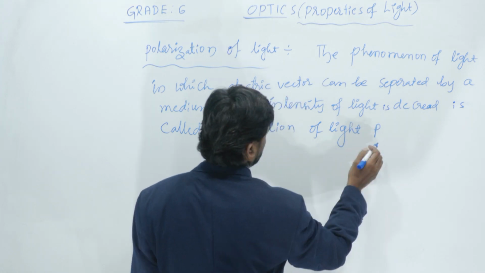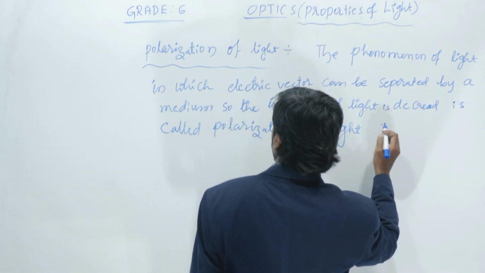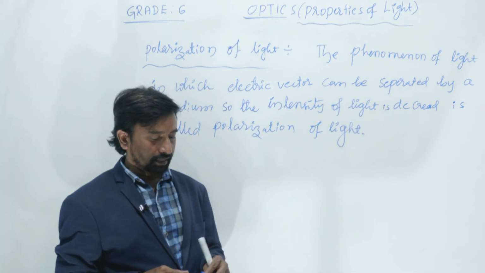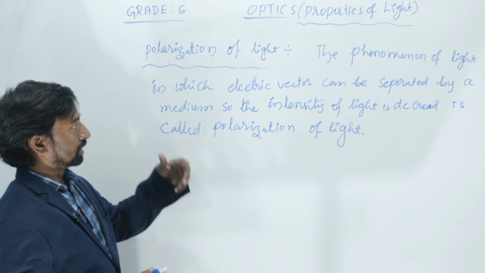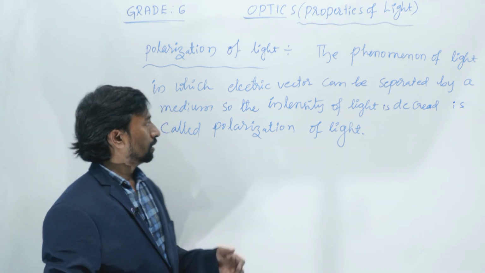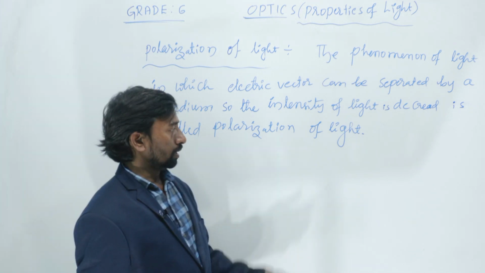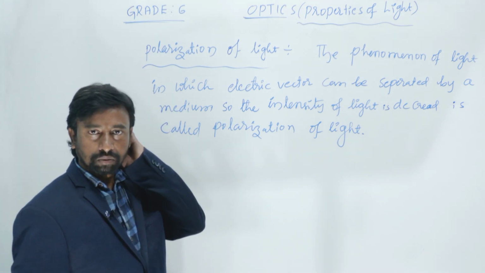The phenomenon of light in which the electric vector can be separated by the medium, so the intensity of light is decreased, is called polarization whenever it passes through that medium.